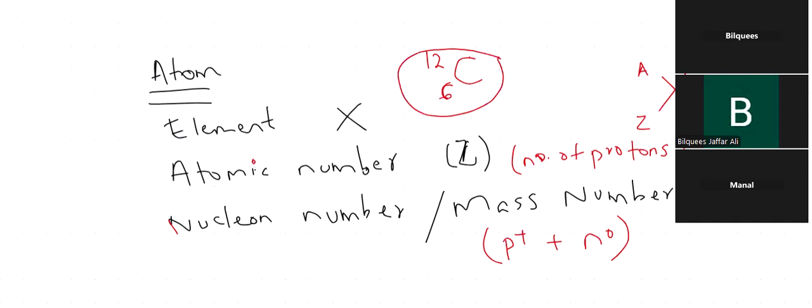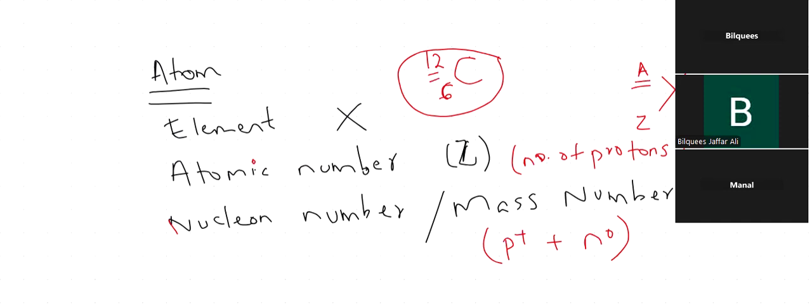And mass number, we add them, right? 12 plus 6. Why 12 plus 6? The mass number is 12 only, because A, the top number, represents the mass number. So the mass number will be 12.